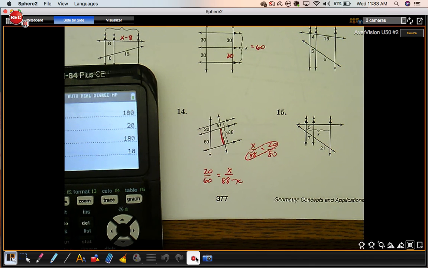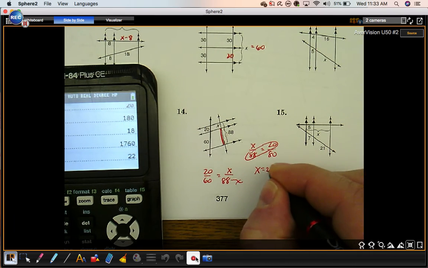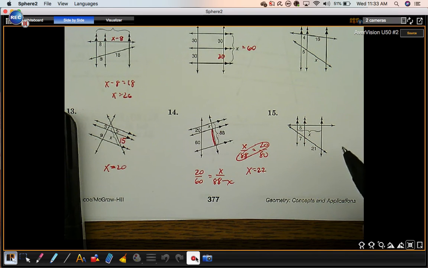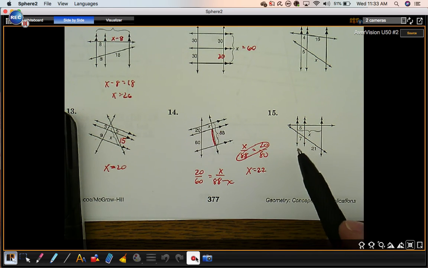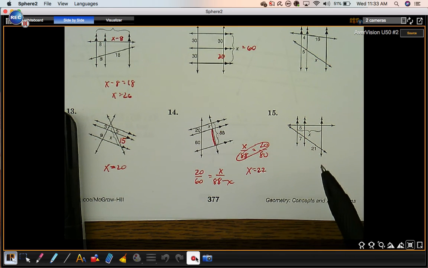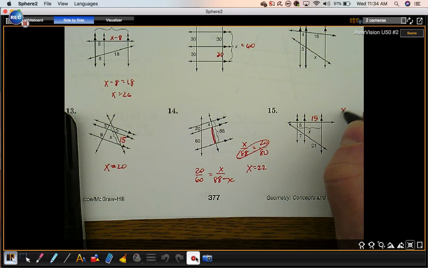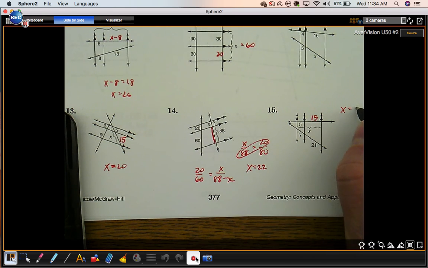So we'll do 88 times 20 and divide by 80. Number 15, we have a 1 to 3 ratio. Again, this needs to be a 1 to 3 ratio. So this piece has to be 15, so then that whole segment right there is 20.